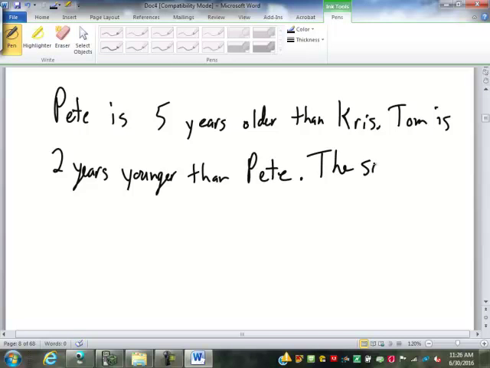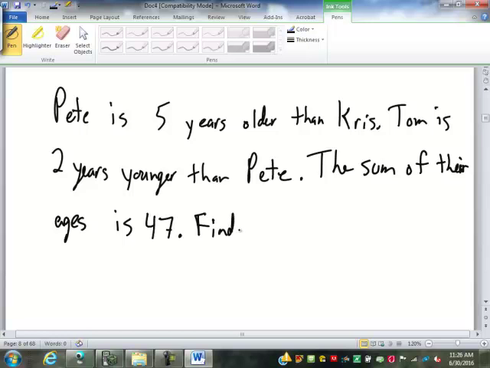The sum, what's the word sum mean? Add them up, the result of an addition problem. The sum of their ages, so we're adding up their ages, is 47. Find their ages.